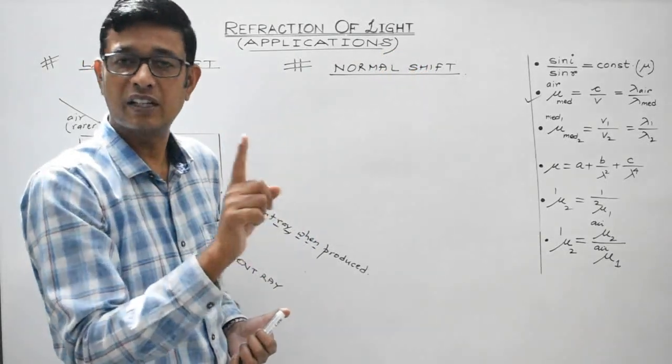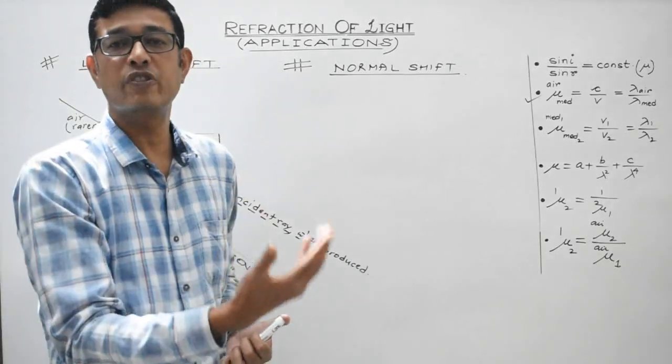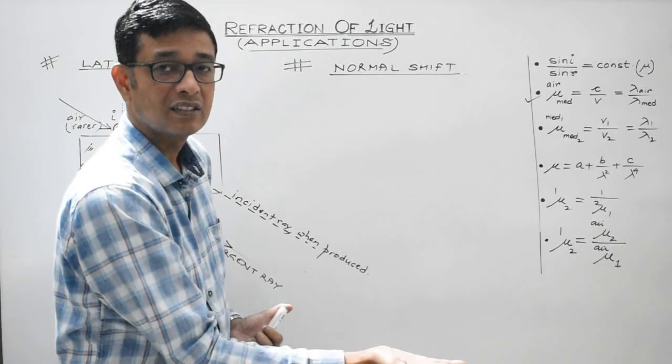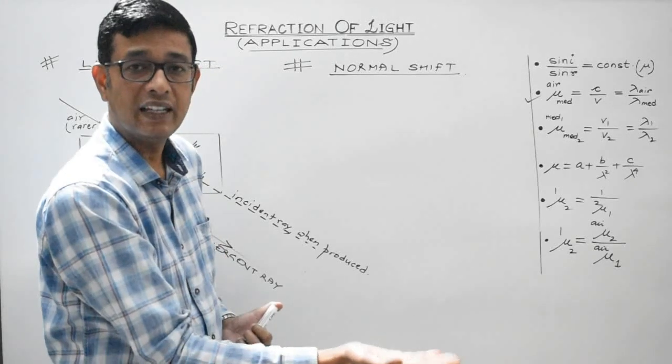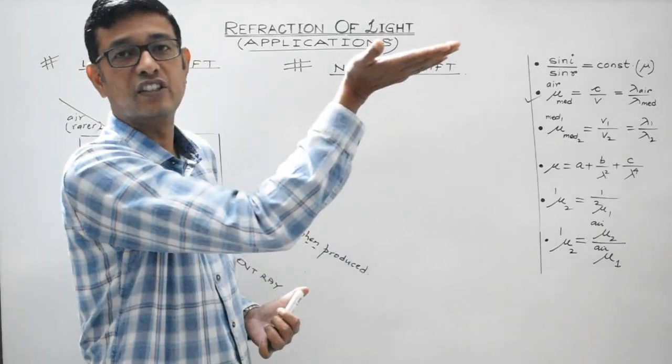This phenomenon again occurs due to refraction of light and is known as normal shift. Normal means perpendicular. Its apparent depth is found to be less than its real depth, so that it slightly appears to be raised up.